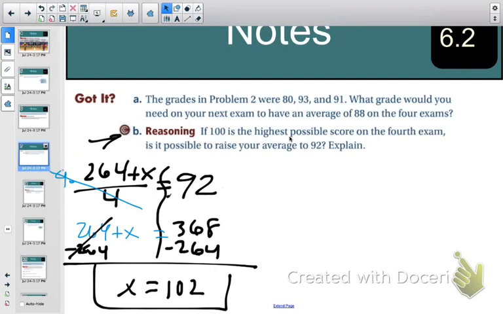So you'd have to get 102 on your next test to raise it to an average of 92, which again is not possible if 100 is the highest score. So you actually can't raise your grade to an average of 92, unfortunately. 91 might work, but not quite 92. Sad day.